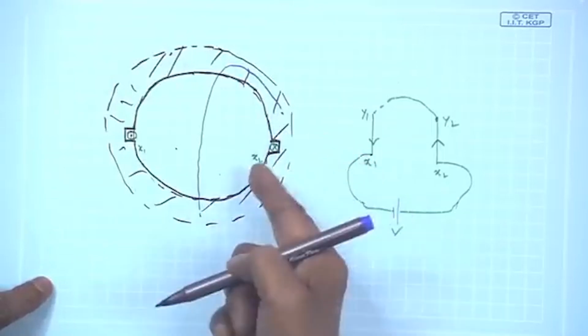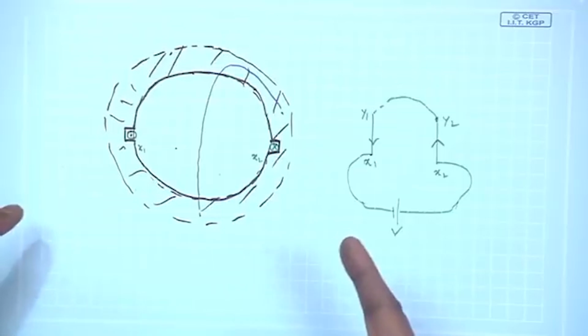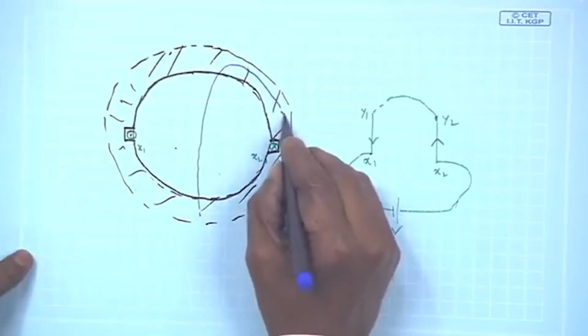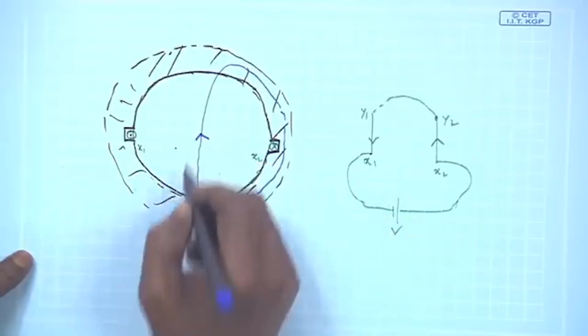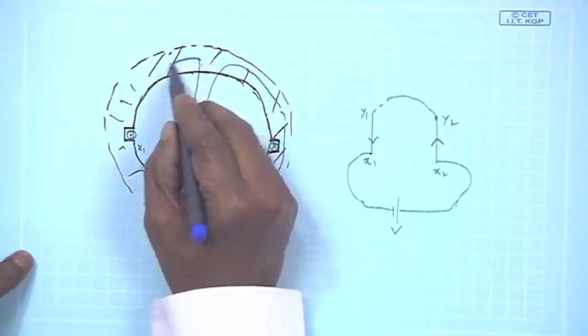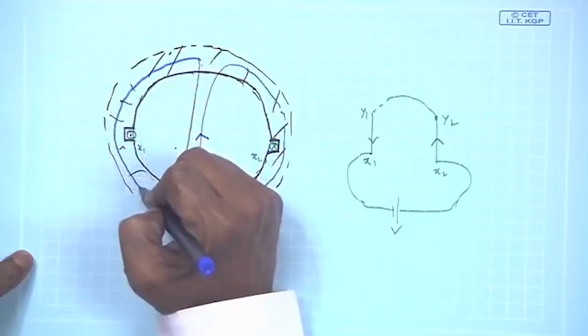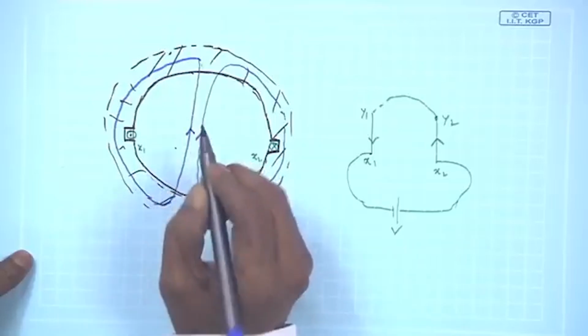There are several exercises given in your tutorial 0. Please go through that and you will be often using that. So this is how the lines of force go. Incidentally, magnetic lines of force will be closing onto themselves.